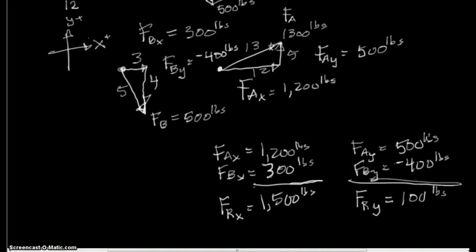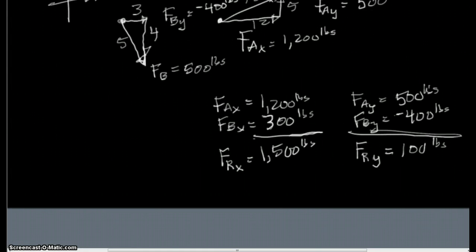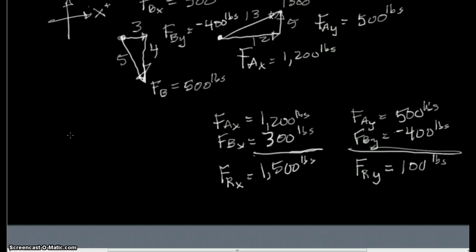Now you might say, okay, I got that. What does that get me? Well, you go over here, and there's your starting point. You want to go 1,500 pounds over in this direction, and then 100 pounds up.